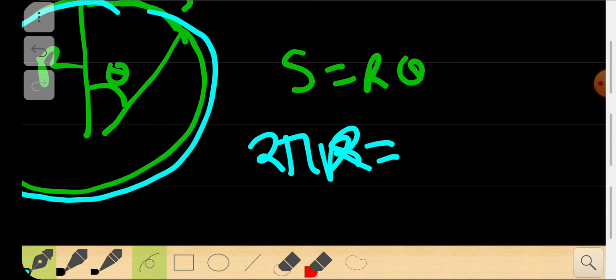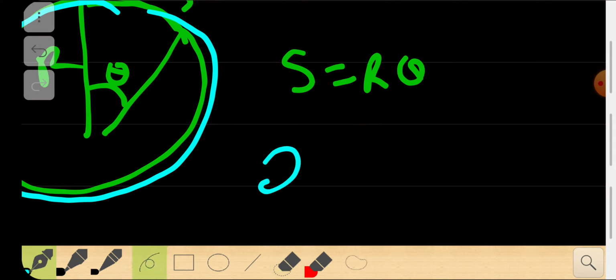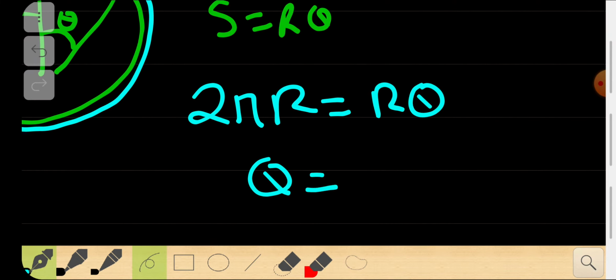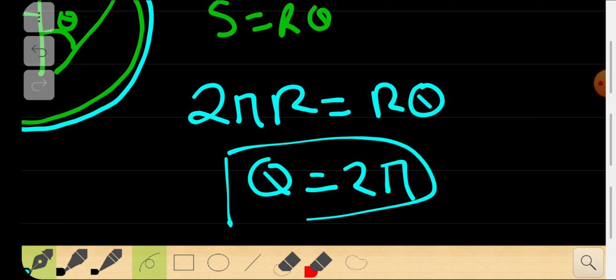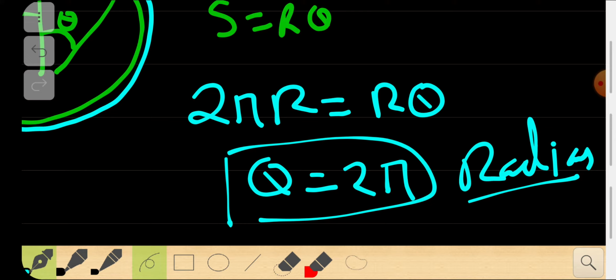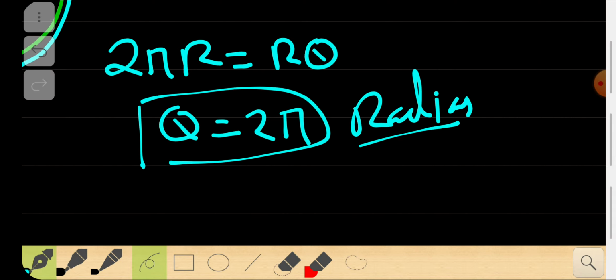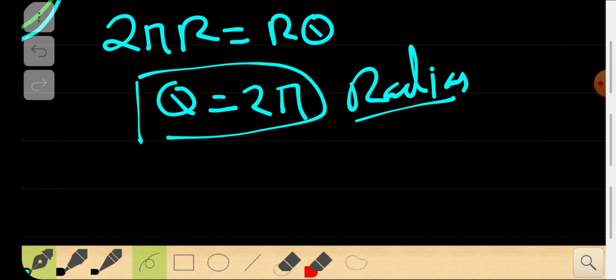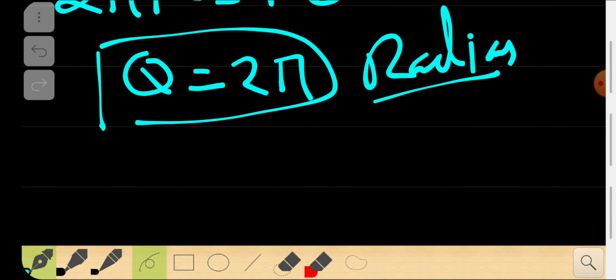So 2 pi r must be equal to r theta. That means theta here is equal to 2 pi. So theta is in terms of radians here. This is the radian unit of theta. So that's how you represent theta in terms of radians.